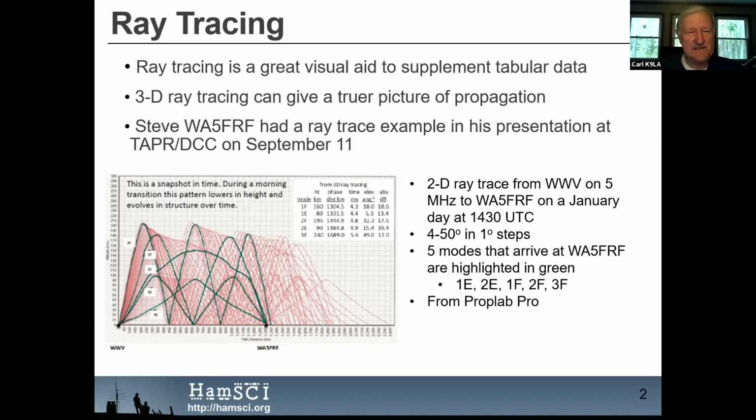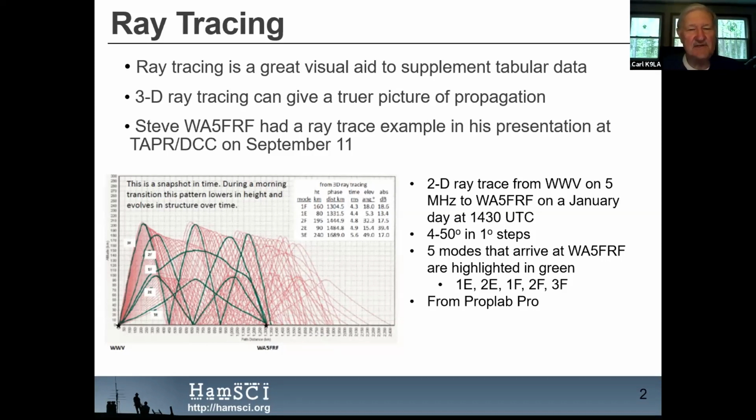Now this kind of started from the Tapr Digital Communications Conference on September 11th, and Steve, WA5FRF, showed a ray trace for his WWV to his QTH on a January day at 1430 UTC.